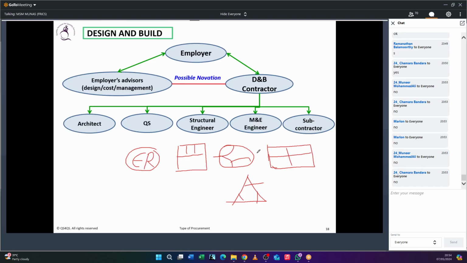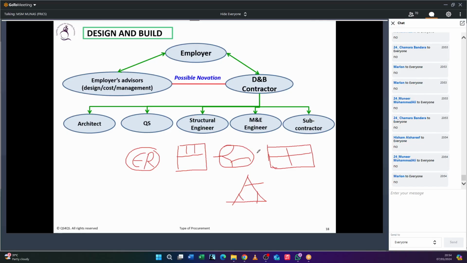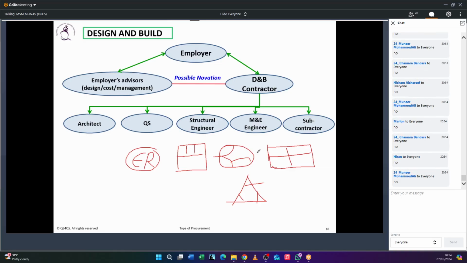What about tender evaluation? Is it an apple to apple comparison? No, it is not. What about selecting the right bidder in tender evaluation? Is it an easy task for a consultant? No.